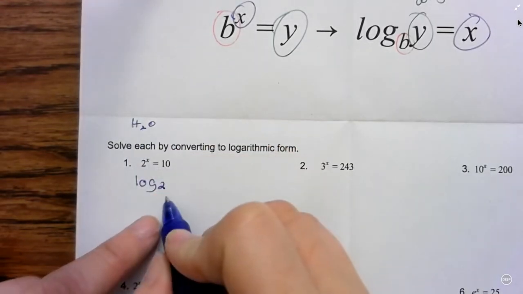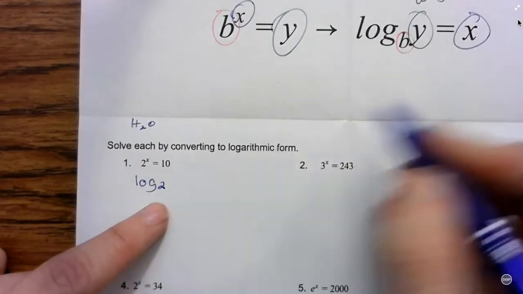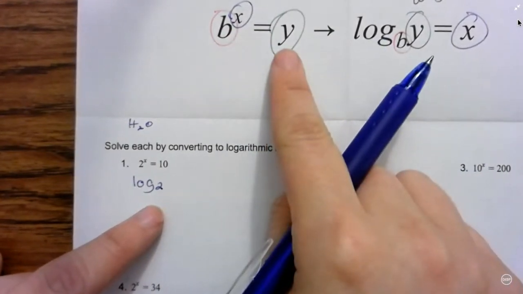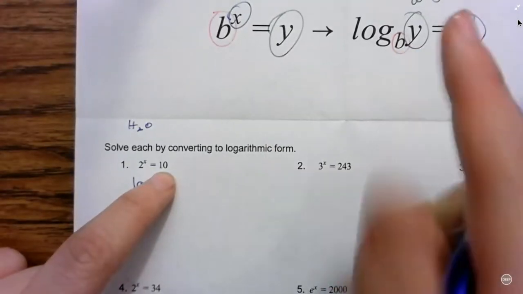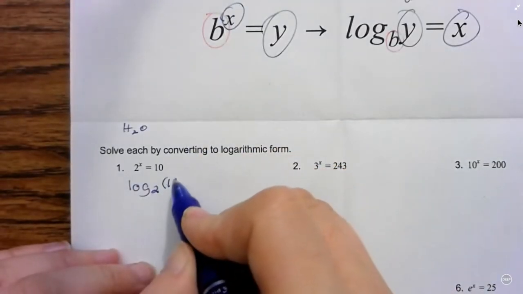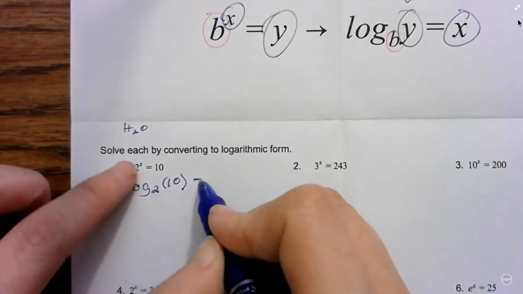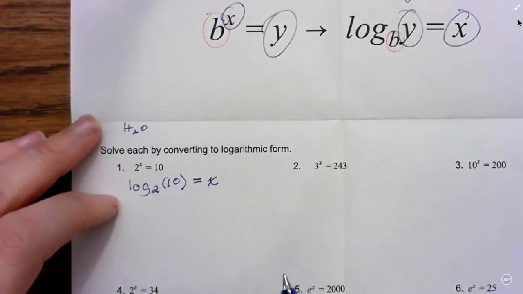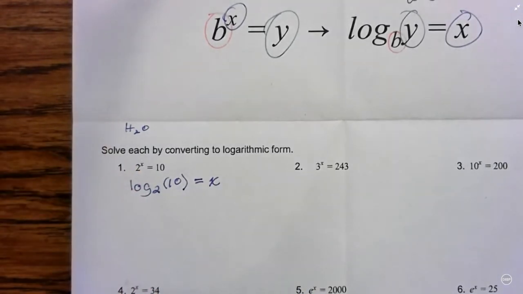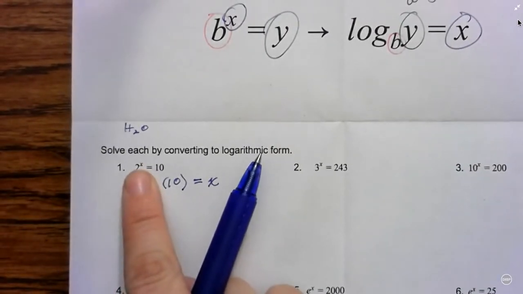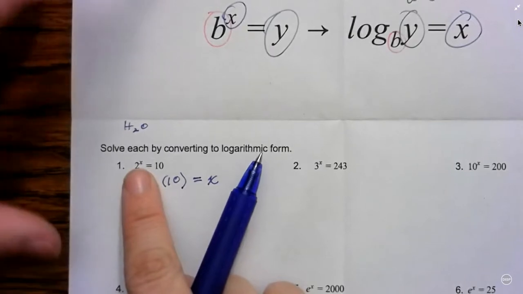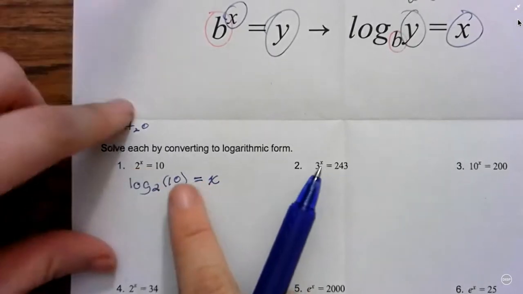It's a subscript, so it's small. And then your product, the 10, becomes the argument, and you can put it in parentheses. And then that's going to equal your exponent. So it's converted, and now that awkwardly placed variable x that I didn't know how to cancel out in order to figure out its value, well, it's right here.